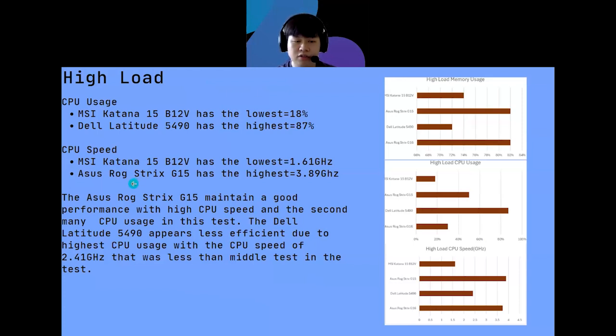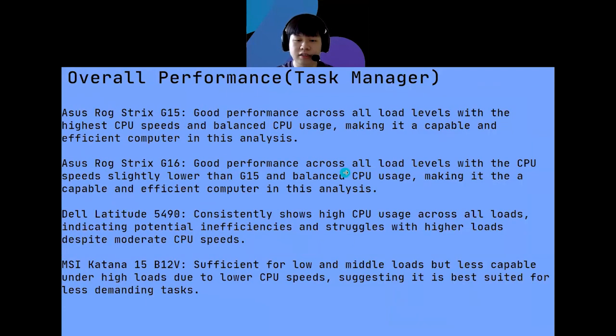The ASUS ROG Strix G50 maintains a good performance like the middle test, with a high CPU speed and second lowest CPU usage in the test. The Dell Latitude 5490 still appears less efficient due to higher CPU usage, again with a CPU speed of 2.41 GHz, which is less than in the middle test.